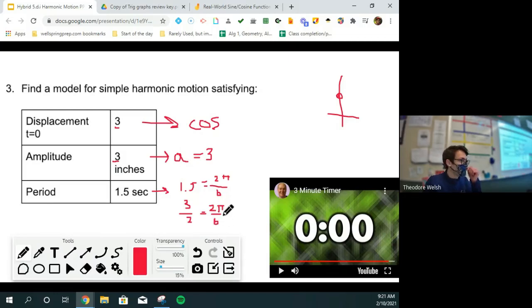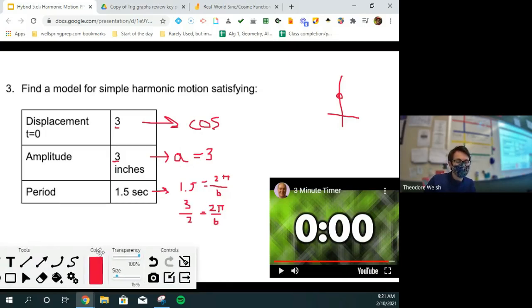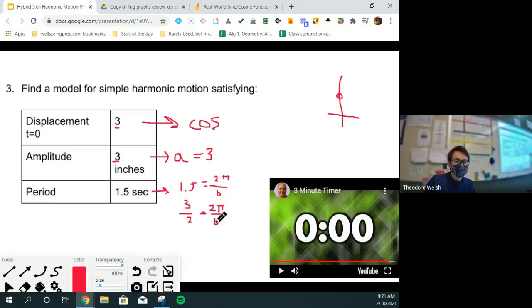You can still solve with a decimal, but fractions might be more helpful. So we can cross multiply: 3 times b and 2 times 2 pi is 4 pi. Divide both sides by 3, and I get b equals 4 pi over 3.